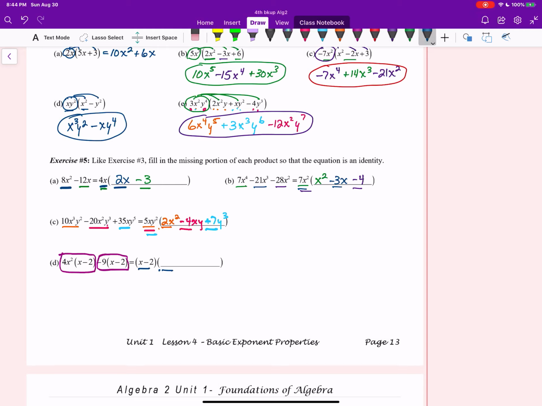So x minus 2 times what would result in 4x squared times x minus 2? Oh, well, that's simply we need the 4x squared. And x minus 2 times what would give us negative 9 times x minus 2? It would be simply the minus 9.